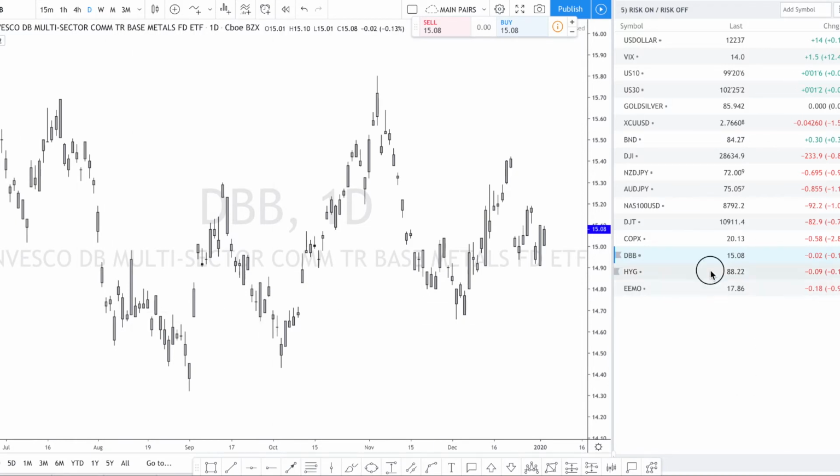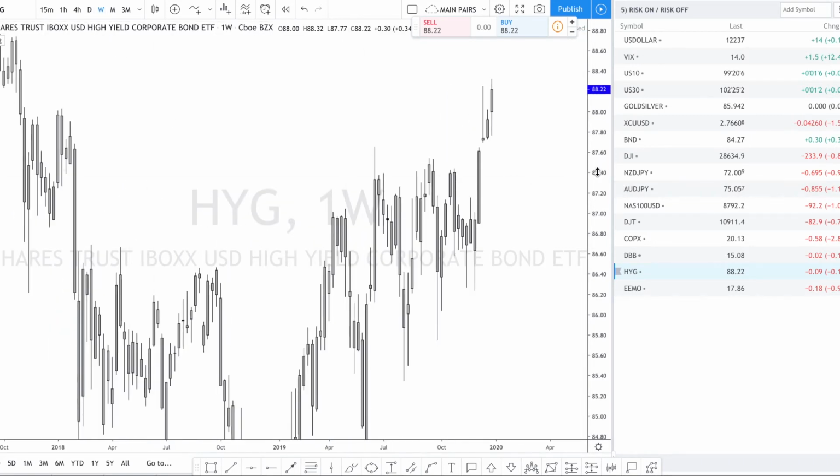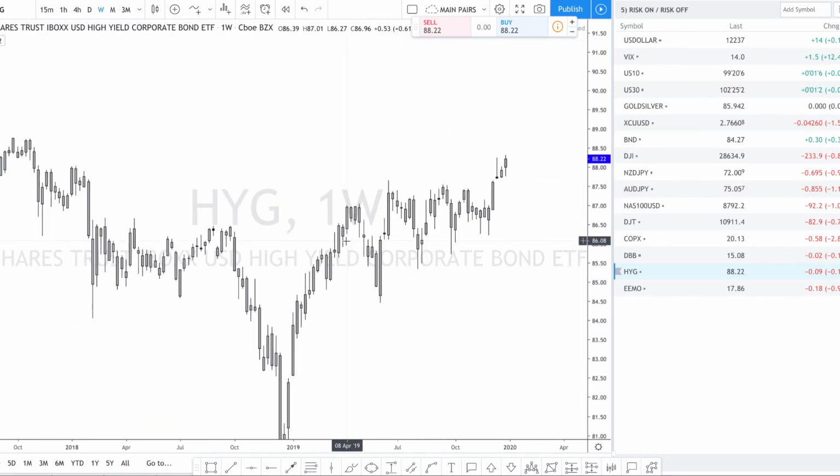We've also got the HYG, which is basically US dollar high yielding corporate bonds. When this is going up, it's risk on, and when this is going down, it's risk off. It's another way to gauge the market. At times of uncertainty and a higher probability of default globally, yields are pushed higher to compensate for the risk of default, and so the bond price decreases.